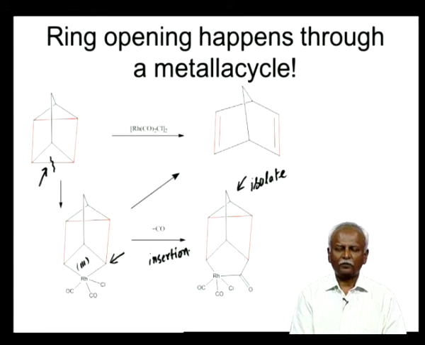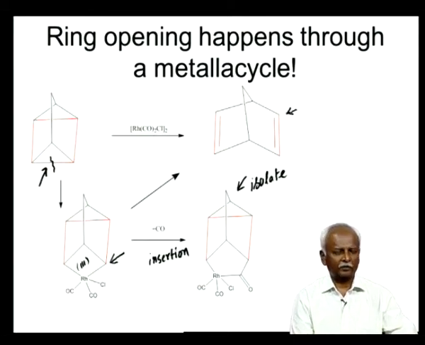And that oxidative addition product can also ring open in order to form the two-olefin product, or the norbornadiene, which we have usually. This is the product that is isolated in the absence of carbon monoxide. So, this is suggestive of the fact that it is not a cyclobutane which is coordinated to the rhodium(I) and which undergoes a cyclo-reversion reaction. It is unlikely that that is in fact the mechanism of the reaction.